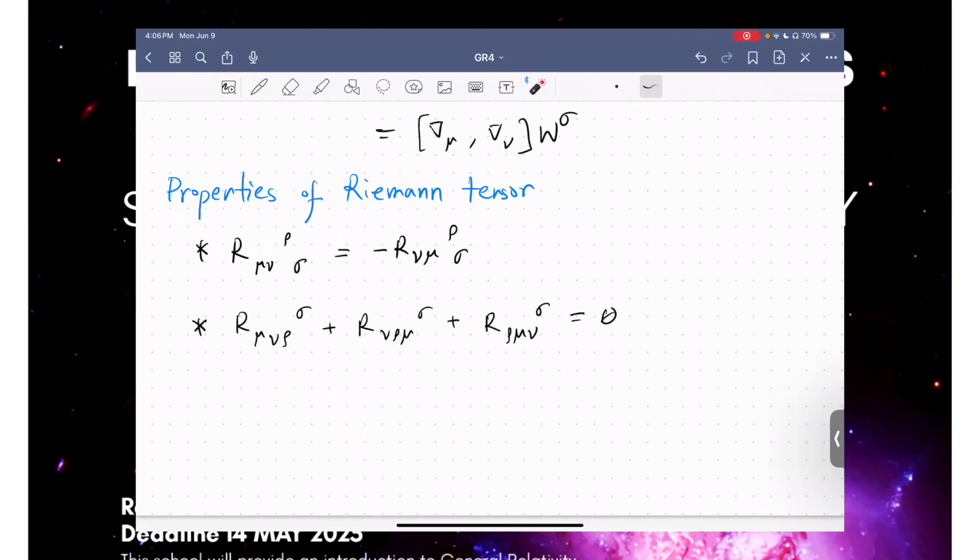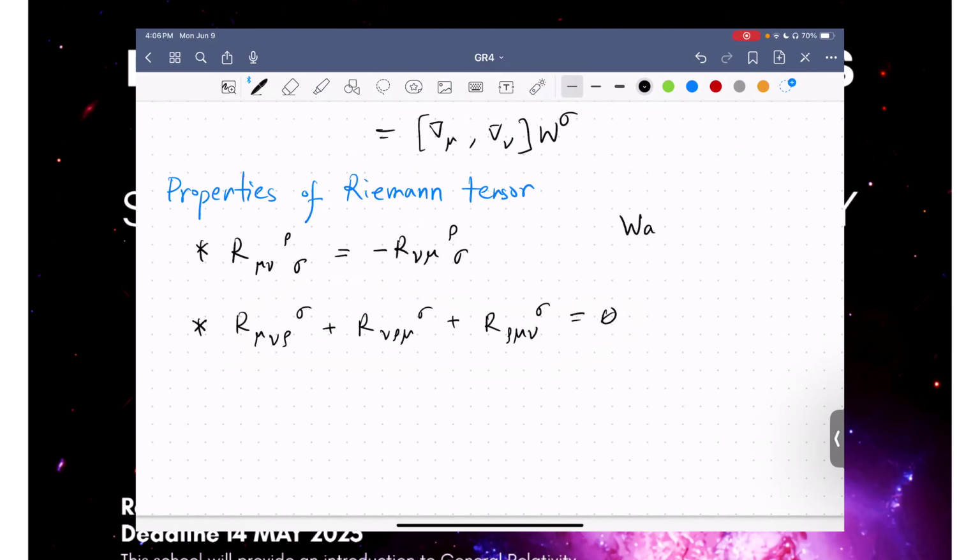So I am actually not going to prove these formulas. So there are a few more. I'm not going to prove them because they're part of the standard textbook. You can look at Wald or Carroll's book for these formulas. Maybe I can tell you which section. Well, so you will find proofs of this in any GR textbook.